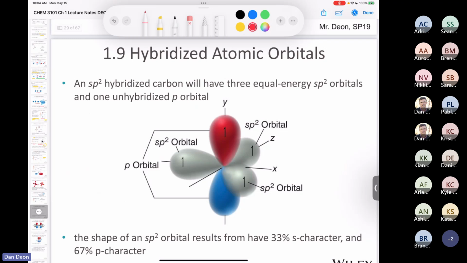So if you're wondering, what does an sp2 hybridized carbon look like? It looks exactly like this. You've got 1, 2, 3 hybridized sp2 orbitals, and then you also have the unhybridized p orbital that's shown here. So if you have a second carbon atom next to it that's sp2 hybridized, they're going to overlap side to side, the 2 p orbitals, to form the pi bond.